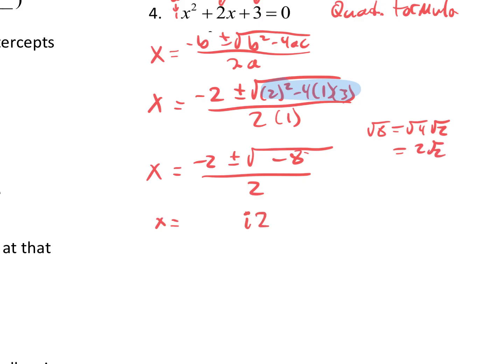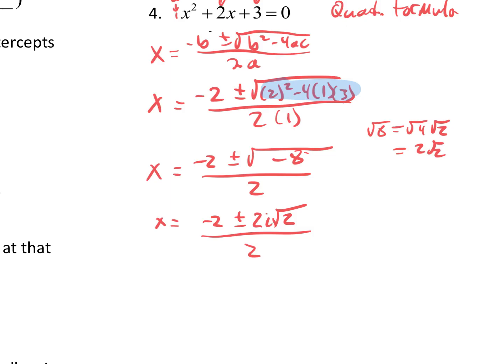We're going to rewrite this as 2 square root of 2, or we kind of like to put the i, 2i. We don't like to put anything after the square root because they tend to accidentally go underneath the square root.